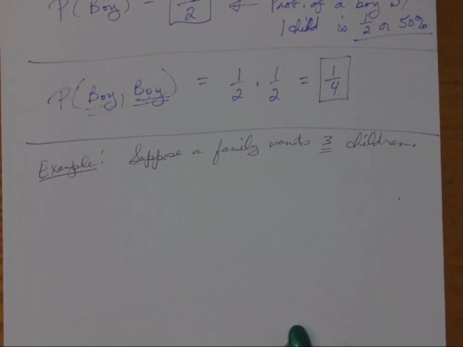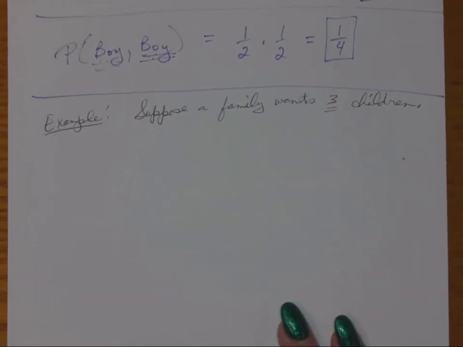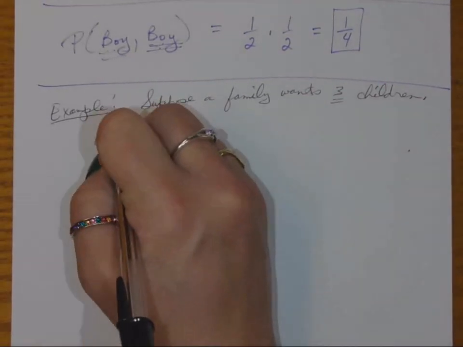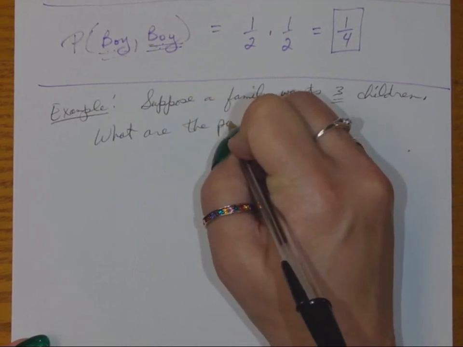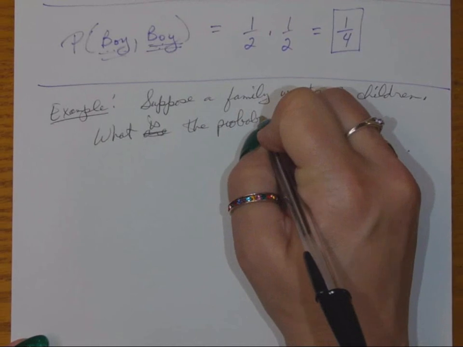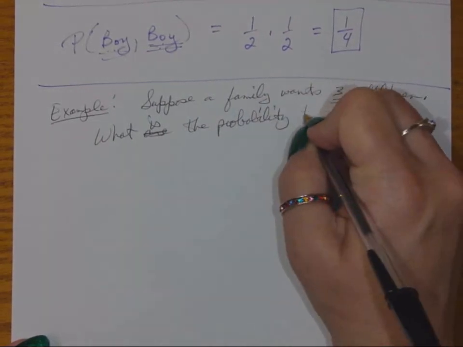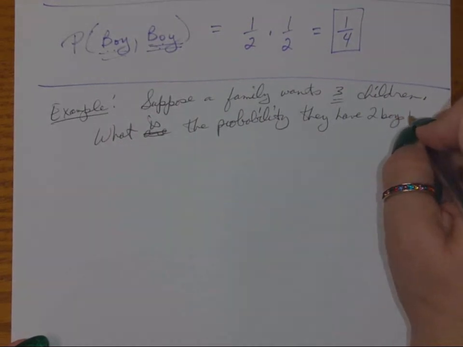So when they want to have 3 children, the question that I'm going to ask right now, and then we'll expand this, is what are the odds? What are the chances? We'll say actual probability. What is the probability they have 2 boys and 1 girl?